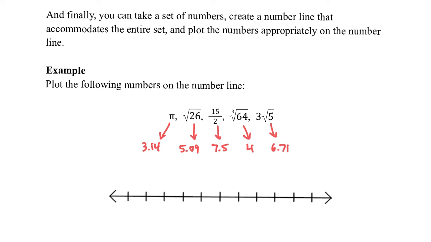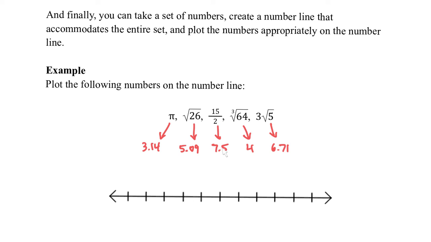All right, so I went ahead and approximated all these decimals. Now I want to make sure that when I set up my number line, I can accommodate all these numbers. I notice that the smallest number I see is 3.14, so I need to start my number line at 3 or lower than 3. If I start at 4, I'm not going to be able to get this number.